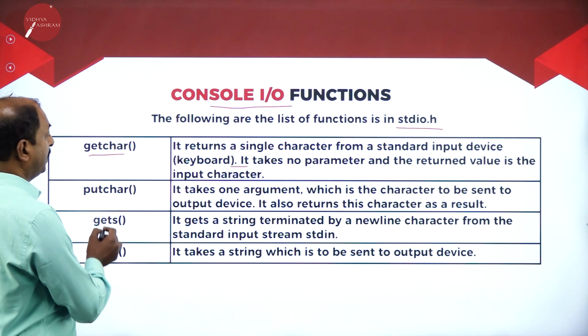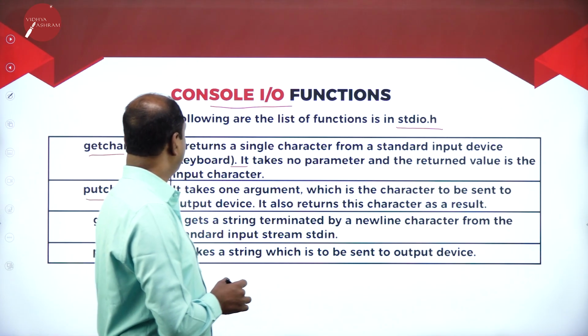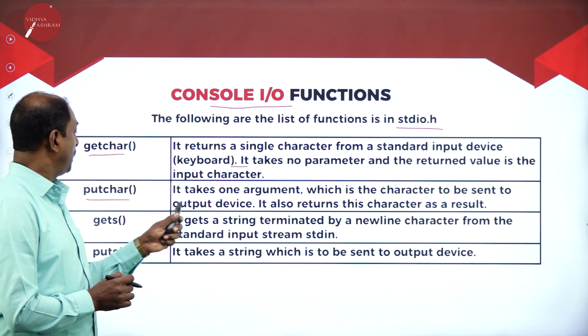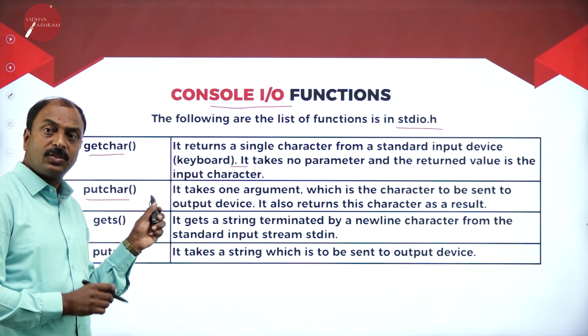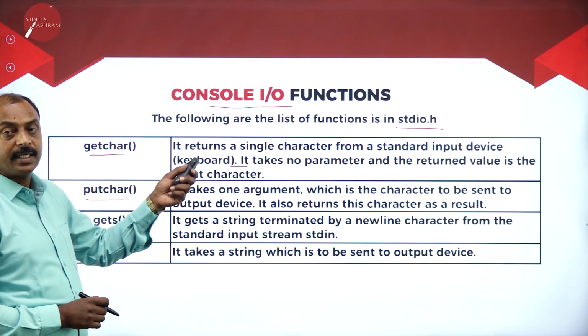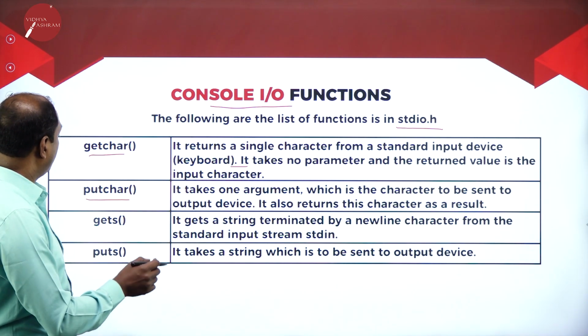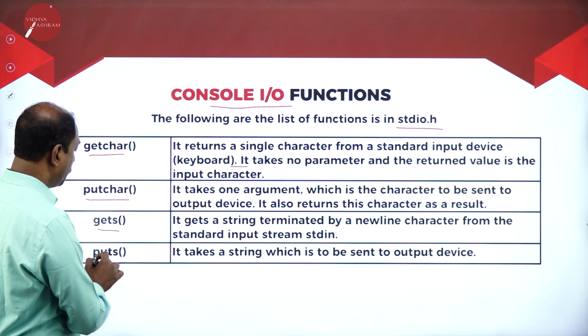And the next is putchar. It takes one argument, the character to be sent to the output device. So putchar sends one character to the output device, and getchar accepts a character from the standard input device. Next one is gets and puts.